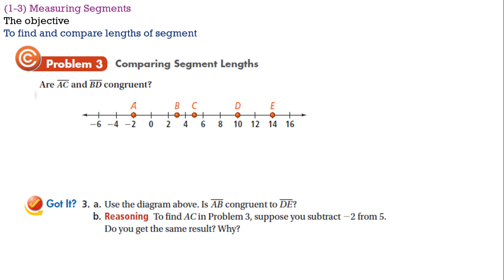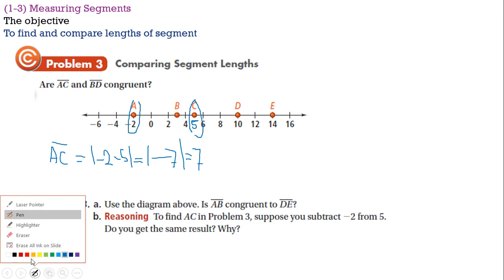First thing first, I will try to find the coordinates for them and find the distance. So AC: the coordinate for A is this one, and the coordinate for C is this one, which is 5. Let me find the distance for AC. So AC is equal to the absolute value of -2 minus 5, which is the absolute value of -7, which is 7. Now, same thing with the other segment.